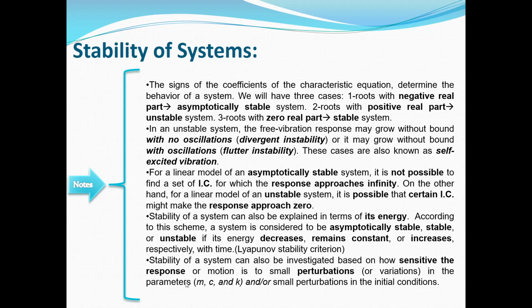So if your system has a very huge variation in the response when you apply a small perturbation to, for example, the damping constant, you can conclude that your damping is not stable, or your damping will create instability in your structure. So you can examine your behavior by using the perturbation method as well.